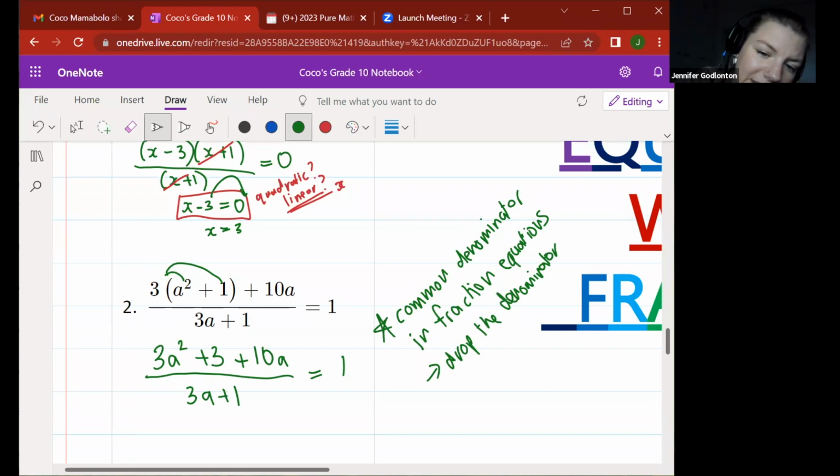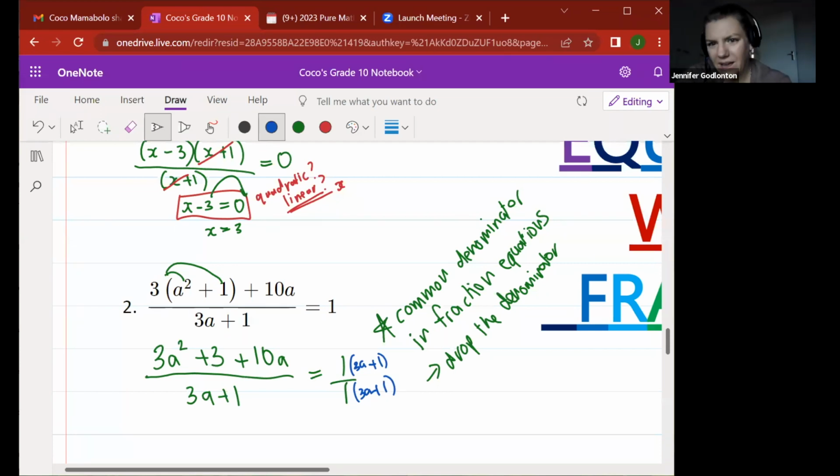So at the moment, this 1 is over 1. If I wanted it to have a common denominator, so a denominator of 3a plus 1, I would need to multiply both of these by 3a plus 1. So all I'm doing there is getting a common denominator. Now, as soon as I have a common denominator, I'm allowed to drop the denominator.